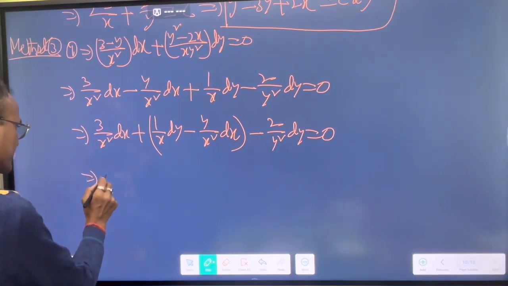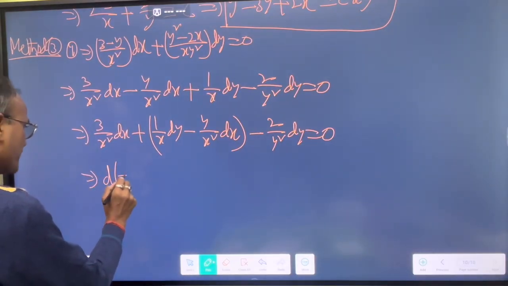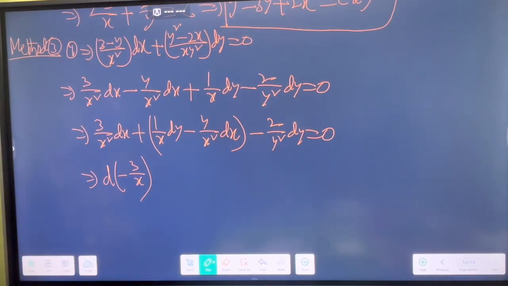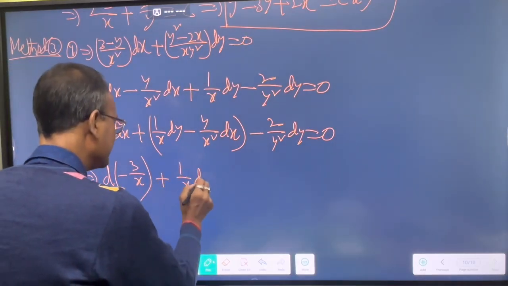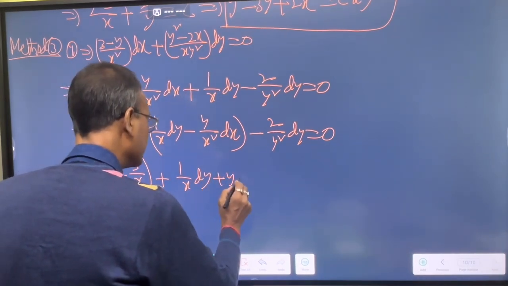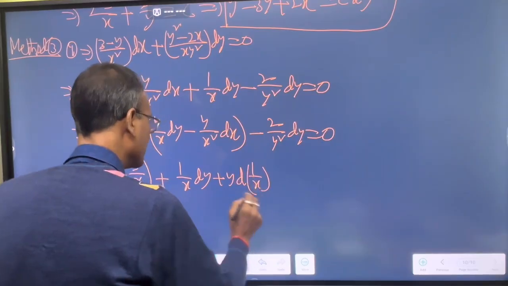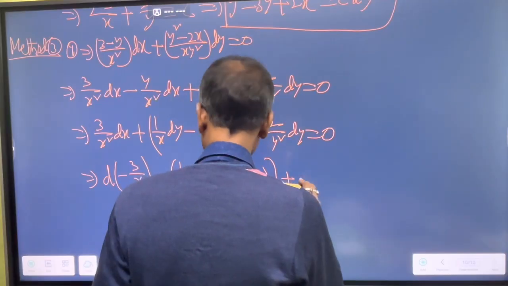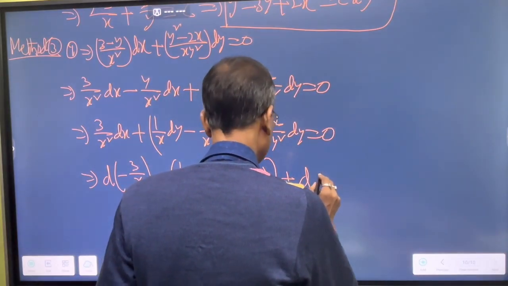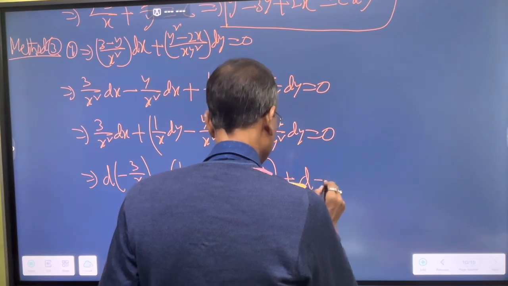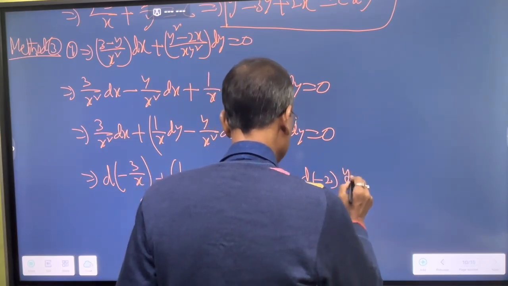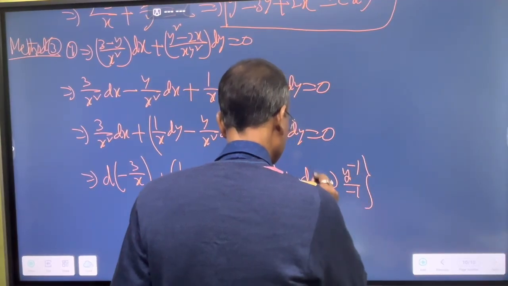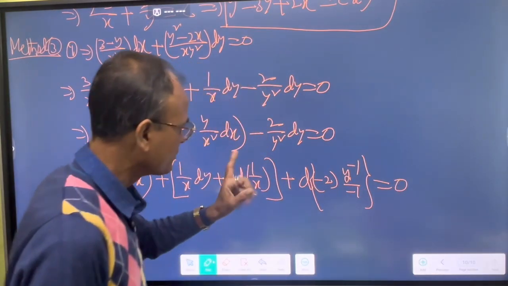This means you may write here d of minus 3 by x, plus 1 by x dy plus y d of 1 by x. Group this one. Plus d of minus 2 times y to the power minus 1 by minus 1, equal to 0.